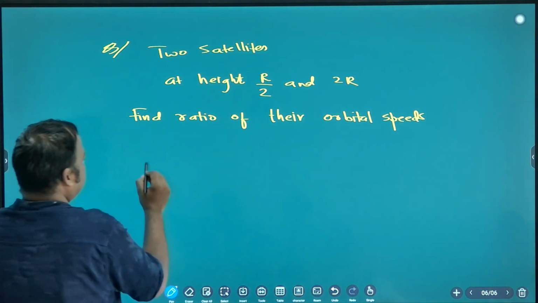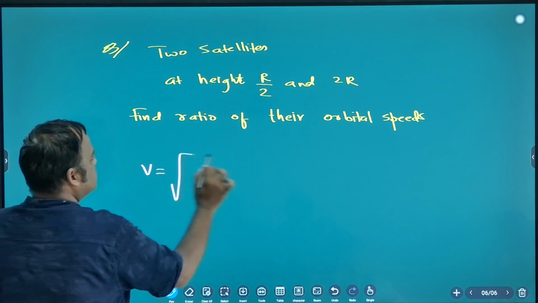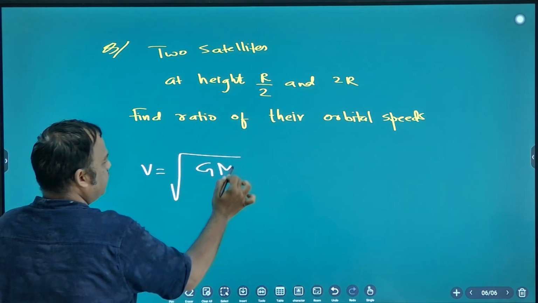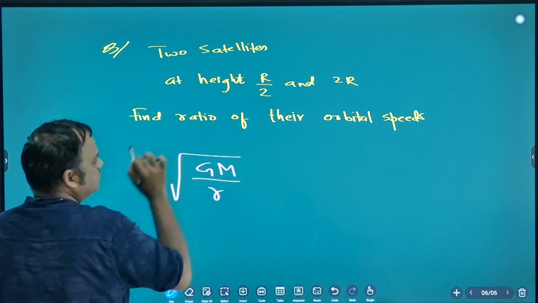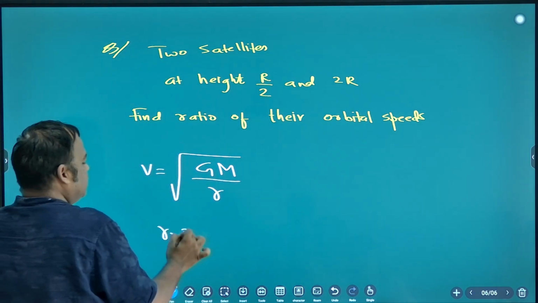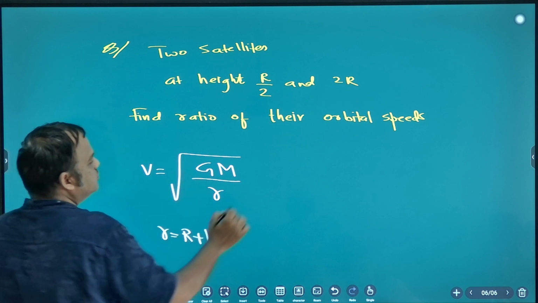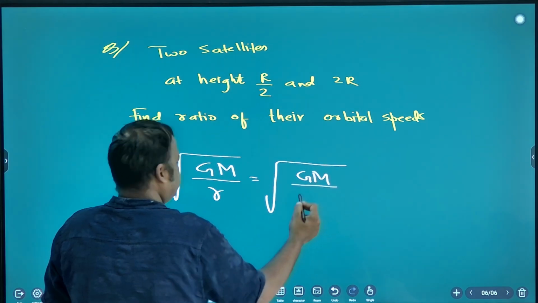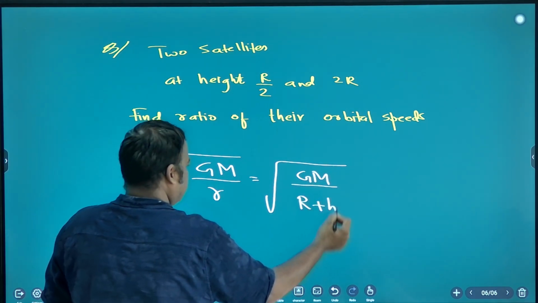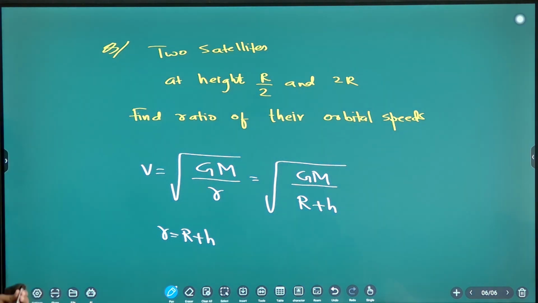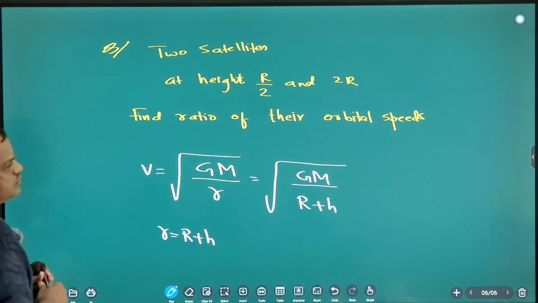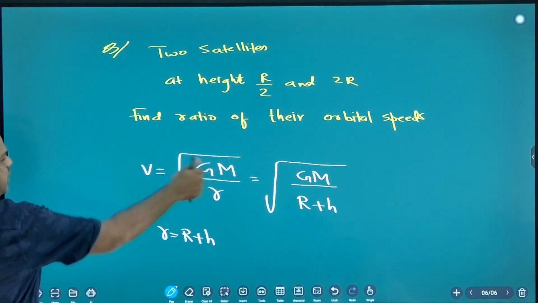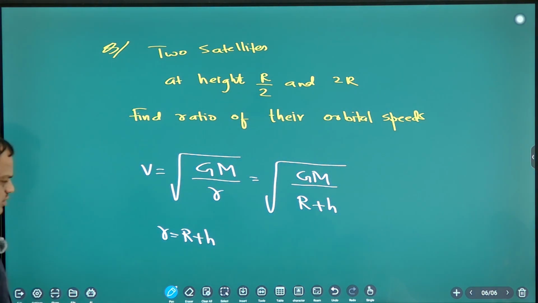So the formula for orbital speed v is the square root of G M by r, and r is equal to R plus h. So this is the square root of G M by R plus h. Note down. Very easy formula. Write it in your formula diary also.